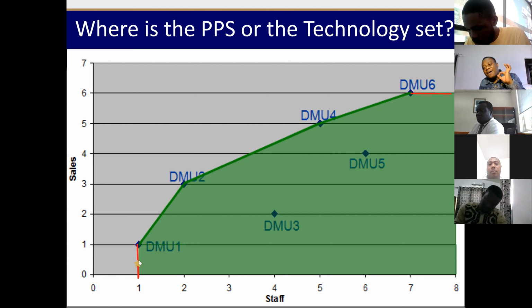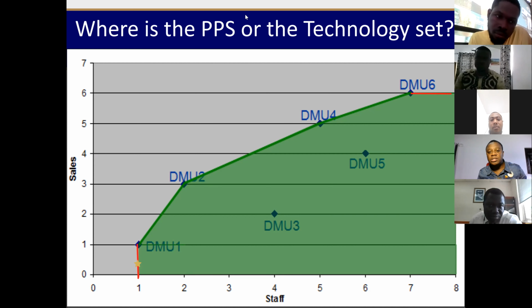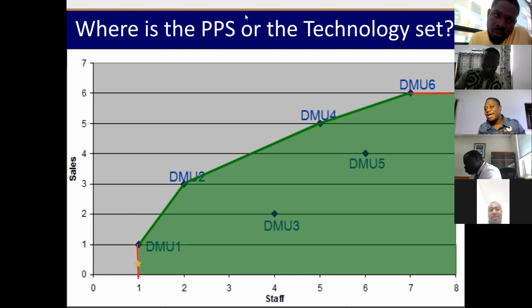The weakly efficient ones are those that are efficient, but also contain what? Slacks. They also contain slacks.